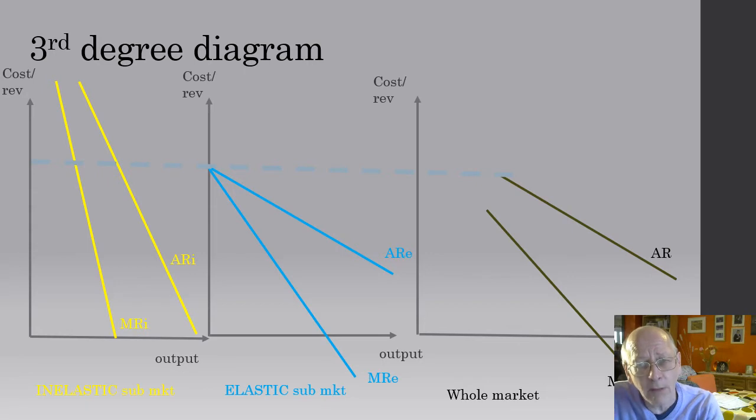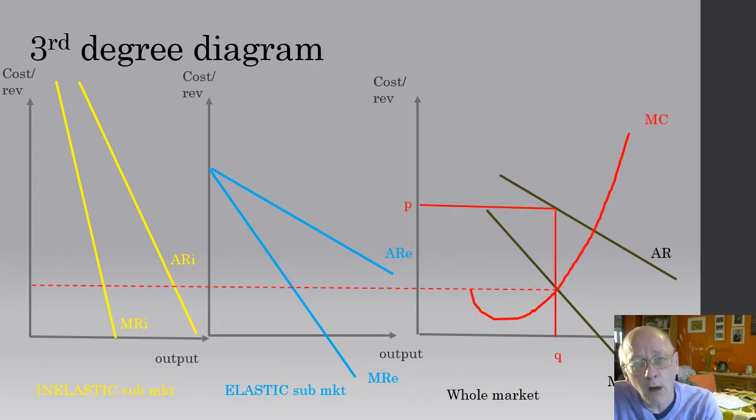So all of the demand at that point comes from the inelastic market. And then I'm just going to take one other point, doesn't matter where you take it, and I'm going to add the AR, the demand from the inelastic market and the elastic market. That's going to give me a second point on the AR curve, and that is going to give me a straight line. And I can again draw the MR curve as roughly half of the AR curve for the market as a whole.